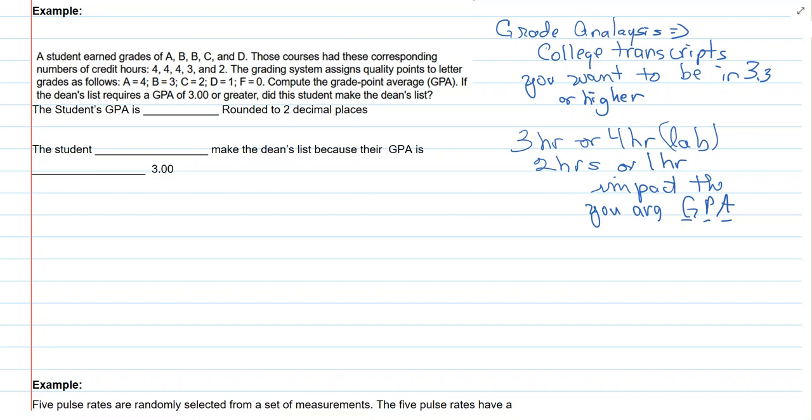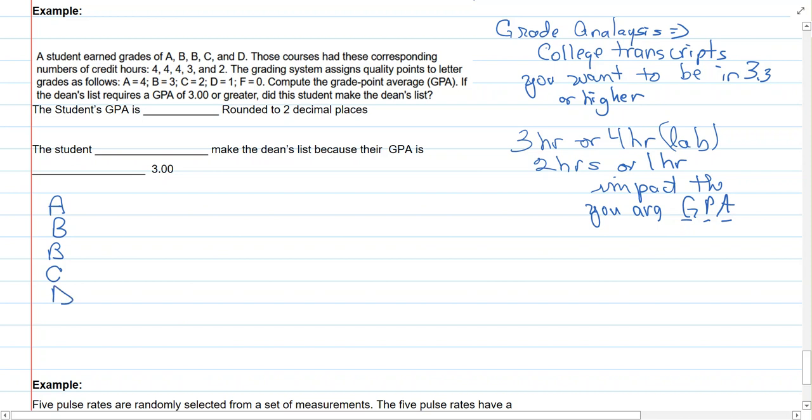All right, here we go. A little bit of math, nothing difficult. A student earned grades of an A, a B, a B, a C, and a D. F is failure.